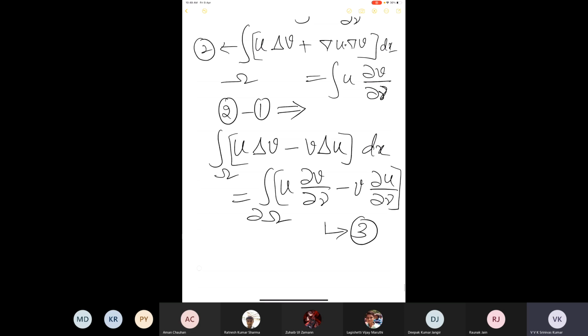So now apply it to K and V. Then what will happen?